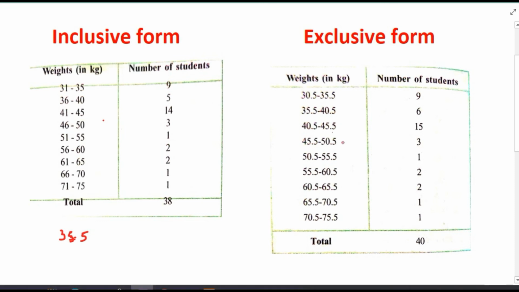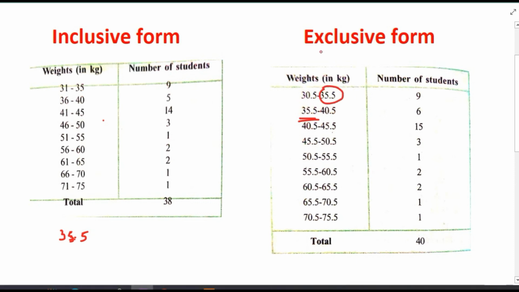And the frequency distribution in which only the upper limit is excluded and the lower limit is included is exclusive form. We know that 35.5 will be included in this group. Upper limit is excluded, only lower limit is included.